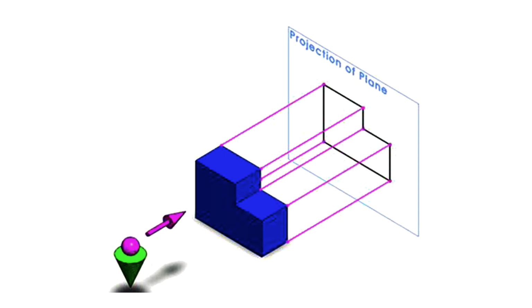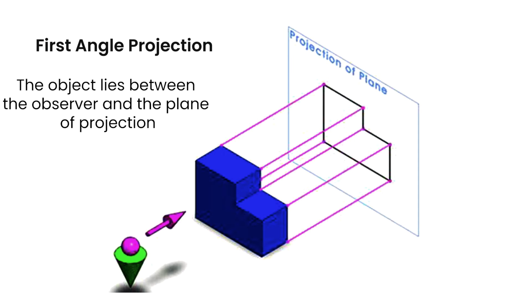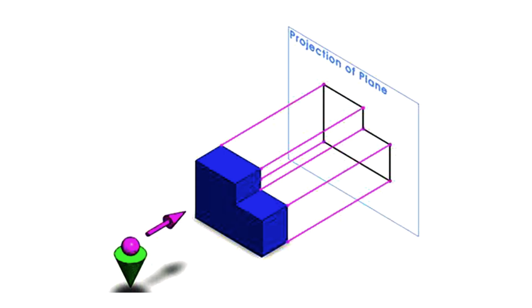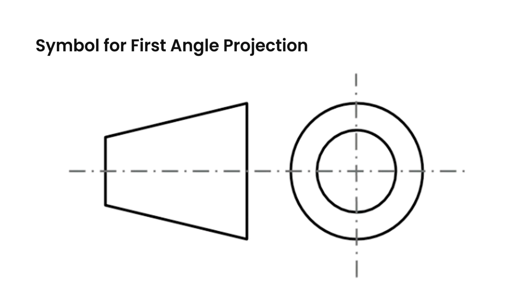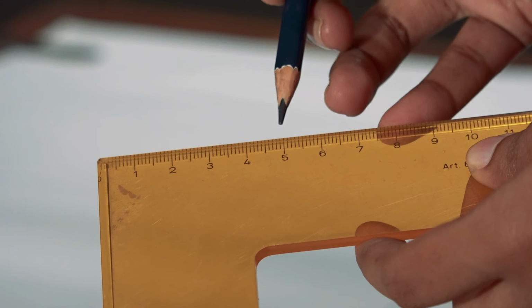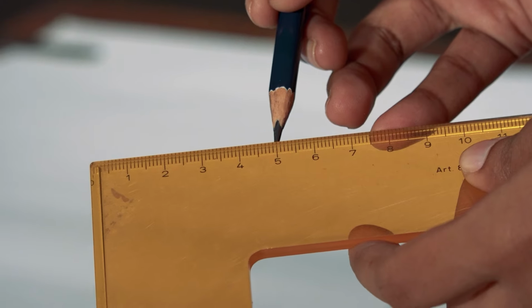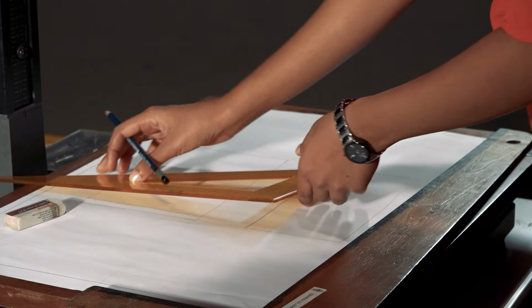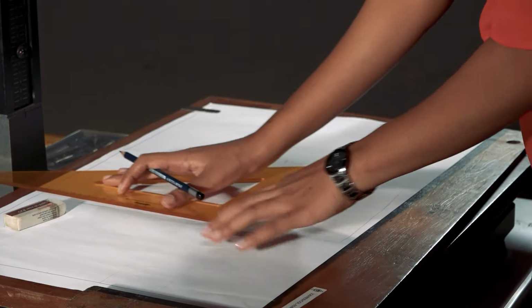We utilize the first angle projection of the object to project our views. Follow along with the video to get a clear idea of how the different shapes and line types are used to clearly depict the features of the object.